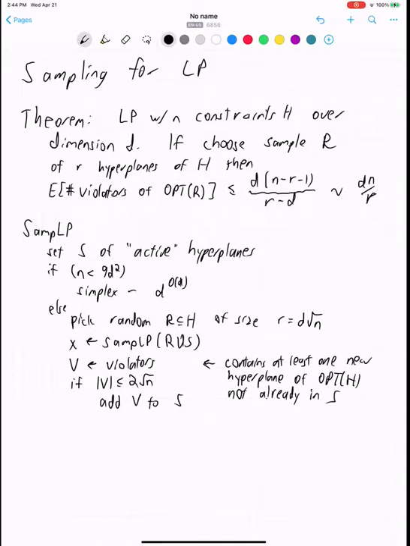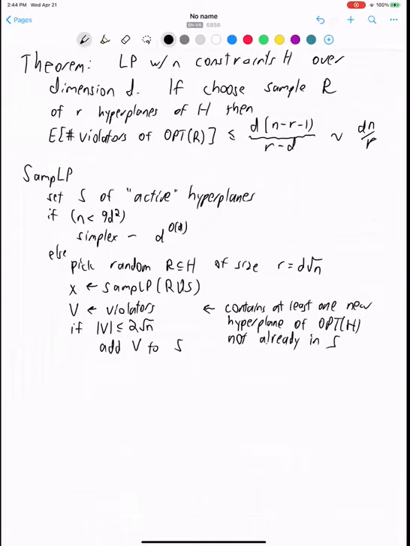Okay. And what that means is that each successful iteration adds one of opt of H to S, which means that this only happens d times, right?